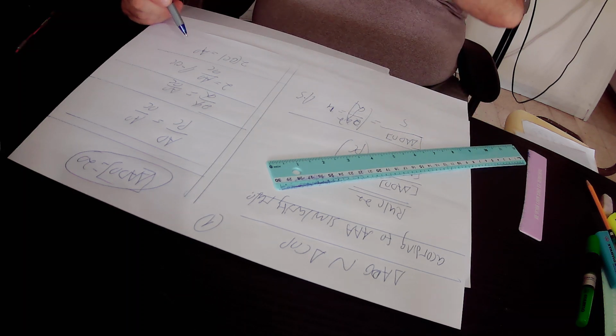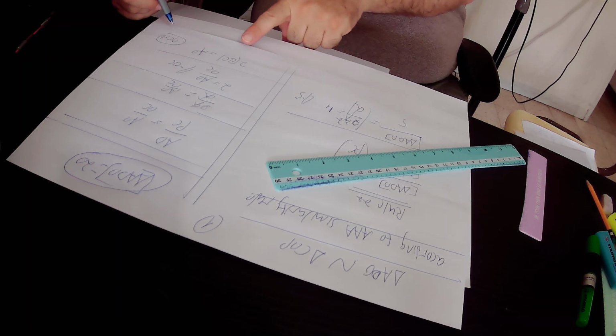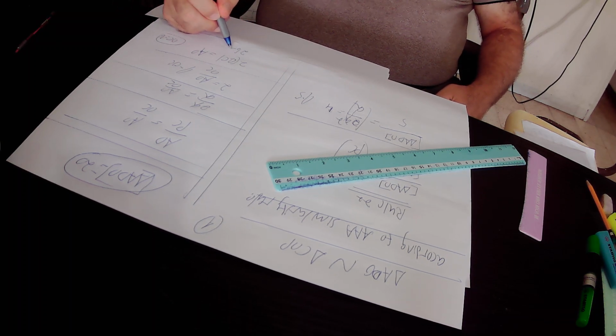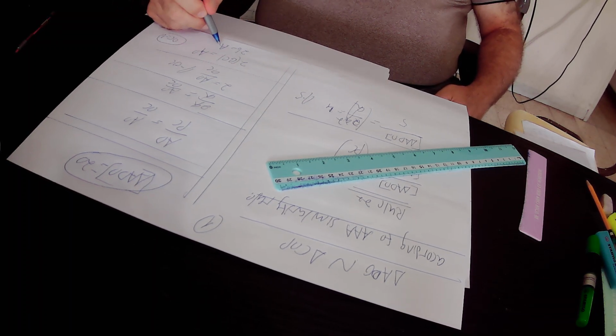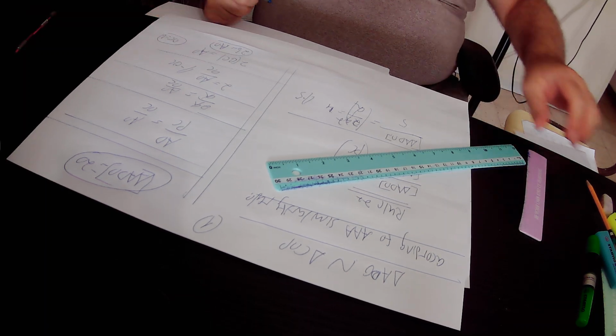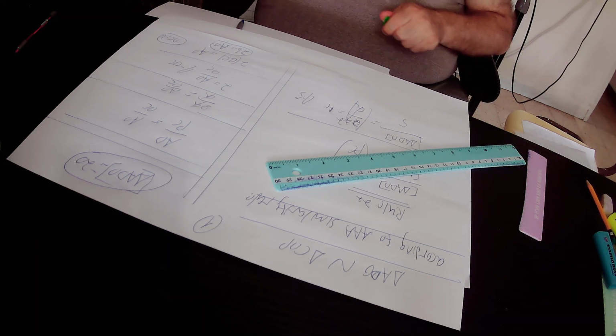So if we define the length of side OC as B, and we substitute OC by B in this equation, we get that 2 times B equals AO. That is to say, we found out that the length of side AO is twice as long as the length of side OC.